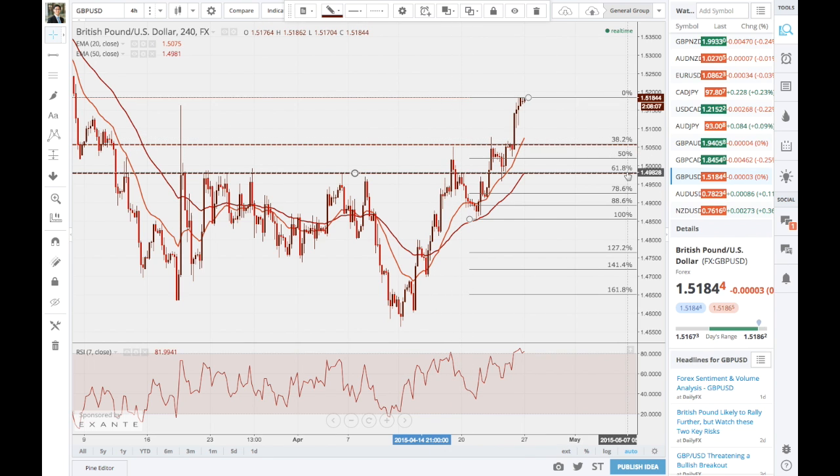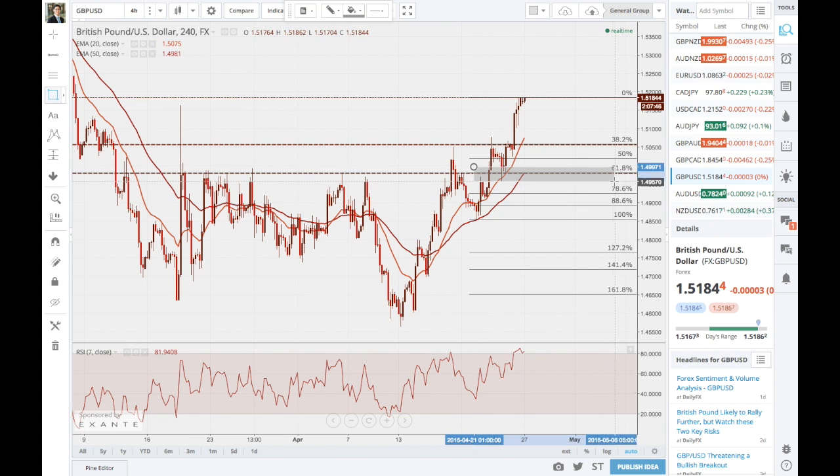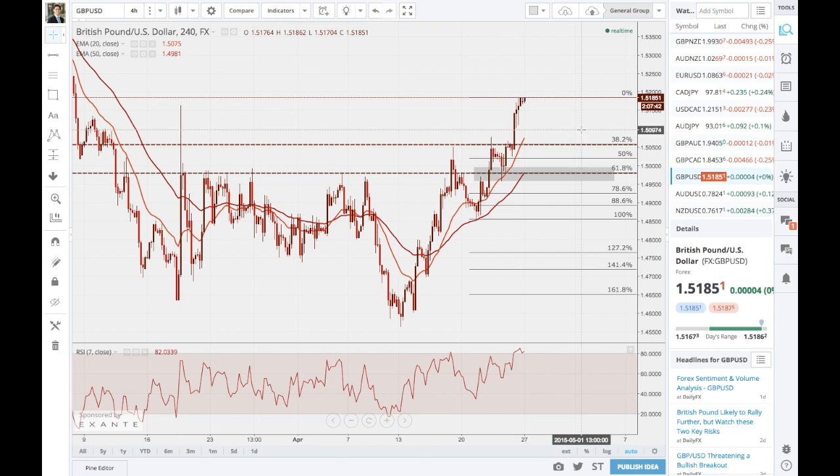If you look at the 618 level, you can see how this level was previously tested: resistance here, resistance here, resistance here, as well as resistance here. Now that price has broken above, this resistance would turn into a support level. So the region that we'll be looking at is definitely over here. If price comes back to this level, what we'll be looking for is definitely a long opportunity. So this is for the pound dollar pair itself.